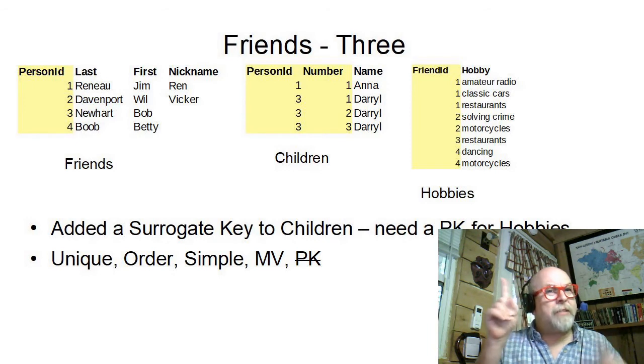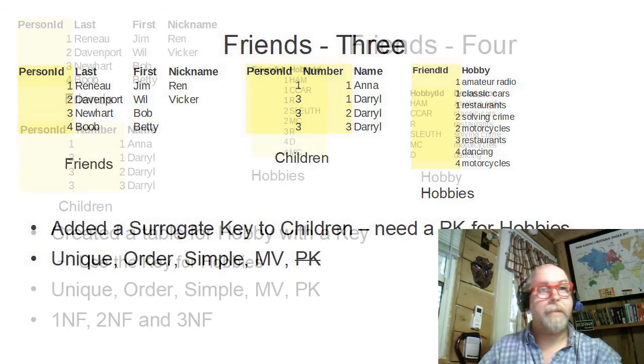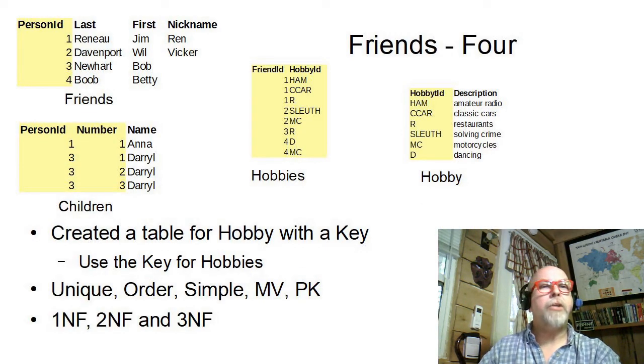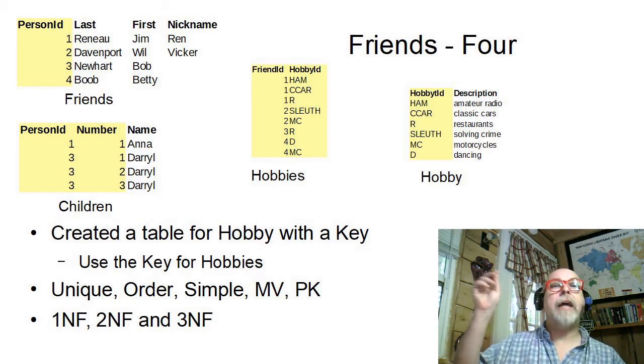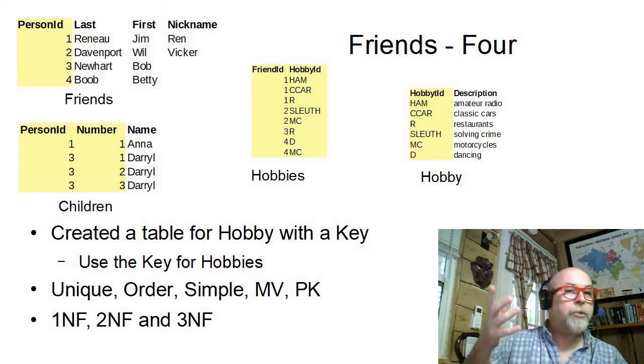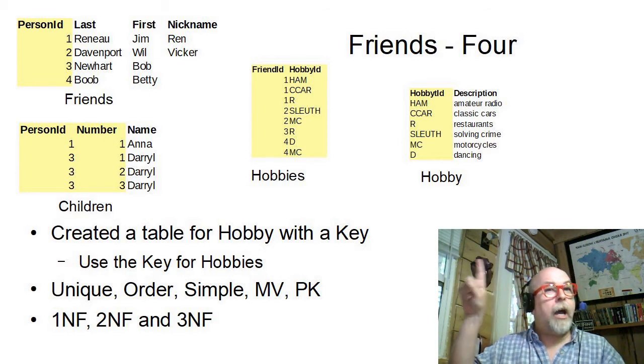I want to fix the primary key of the hobby table, and I'm going to do that, watch this, by creating a new table called hobby. And I'm going to assign each hobby a hobby code, like amateur radio or hams. And people that are into dining out and eating in restaurants would have an R. My motorcycle friends have a hobby of MC, and I'm going to assign each hobby a code.